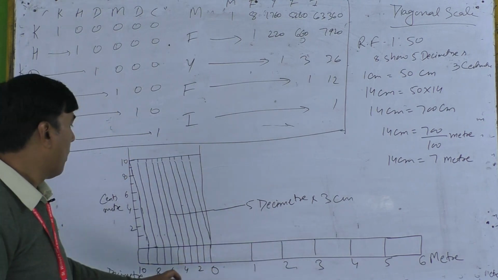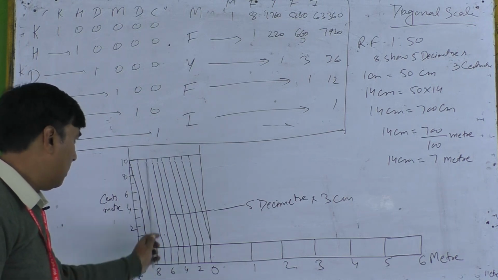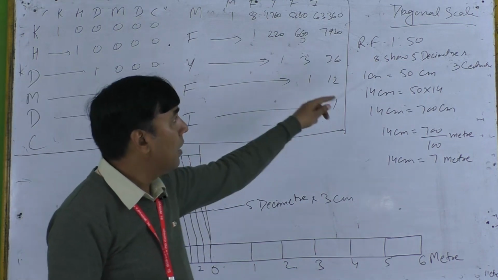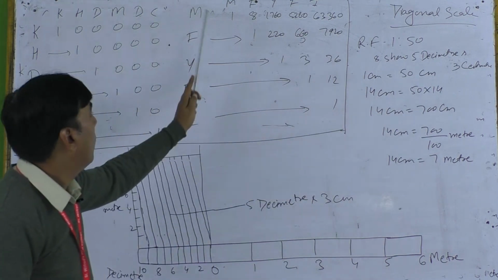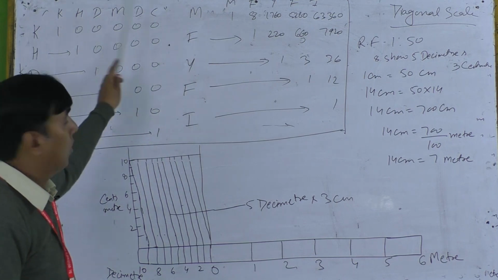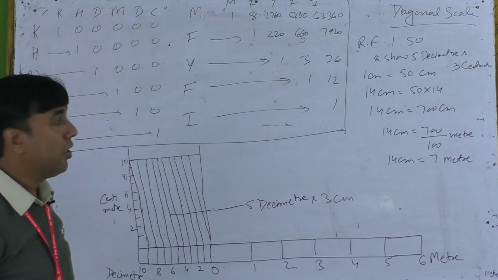So this is like diagonals. Now the question. Diagonal scale is also done by taking the help of these units, metric units and British units.